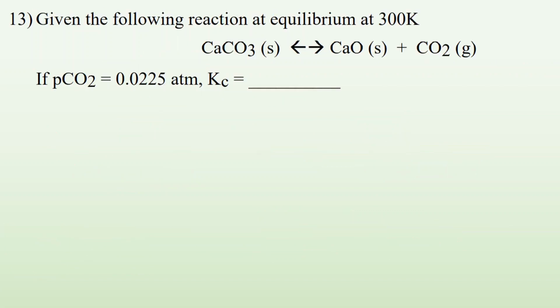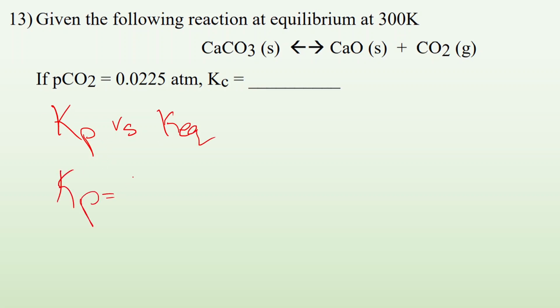13, given the following reaction at equilibrium at 300 K, if PCO2 is 0.0225 atmospheres, what is the KC? All right, so there's a couple of ways to do this. If you wanted to convert KP to KEQ in terms of concentration, you can remember this equation.